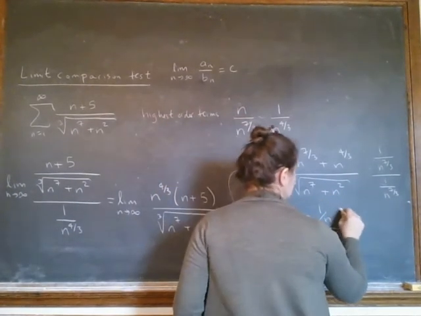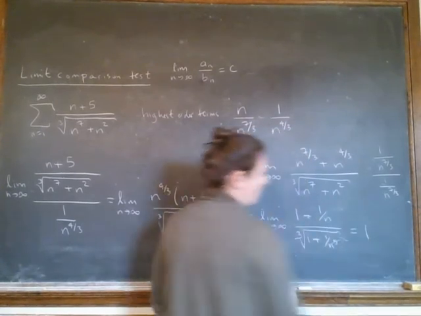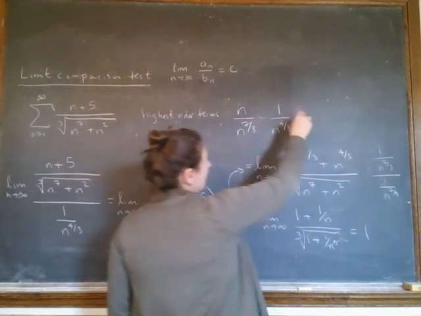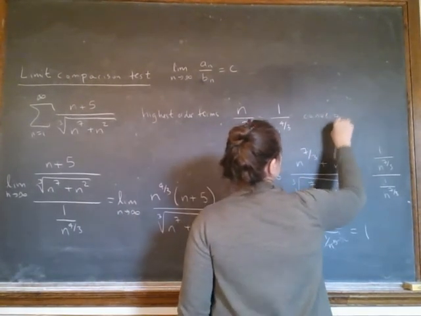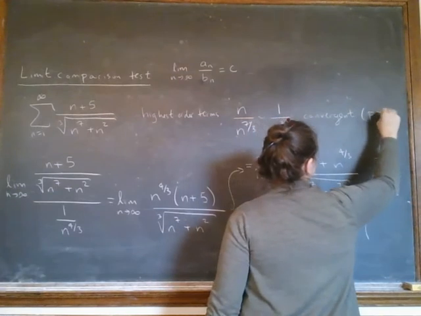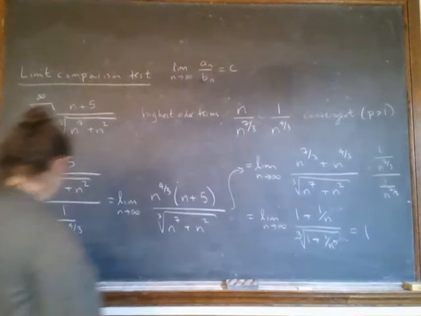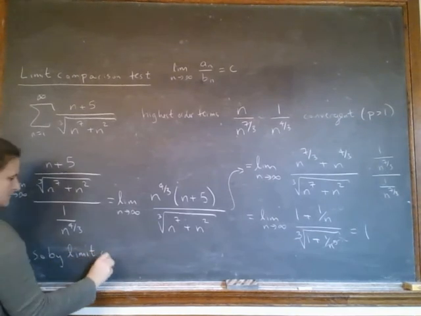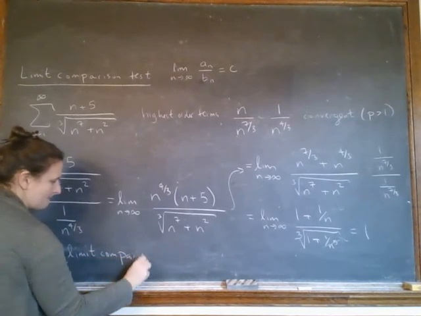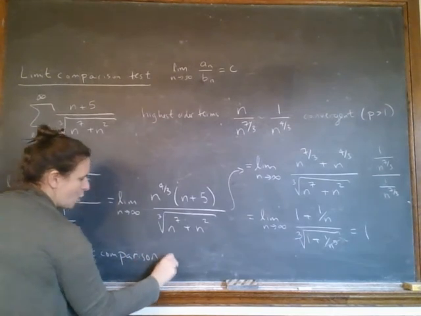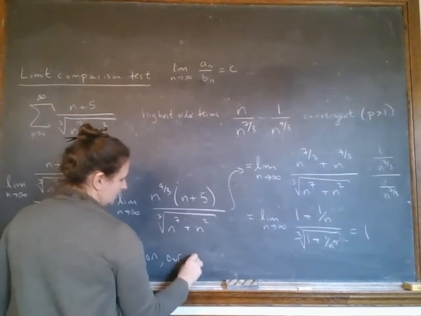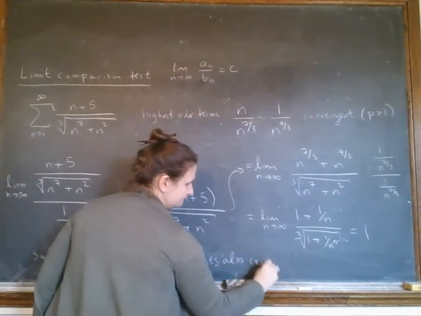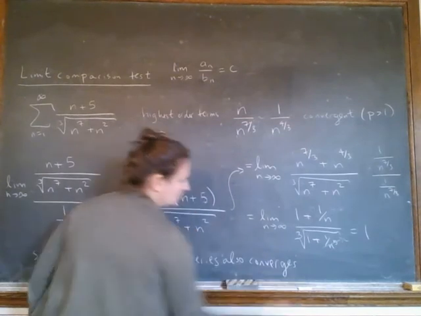Both of these go to 0, and I'm left with a 1. Okay? So this guy converges because p is greater than 1. So, by limit comparison, our series also converges.